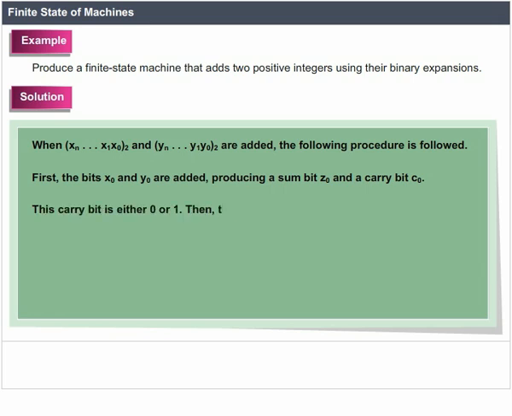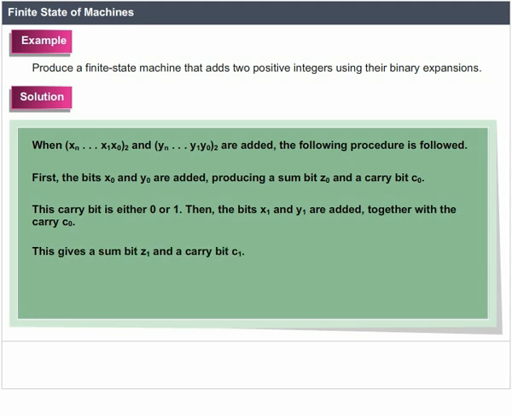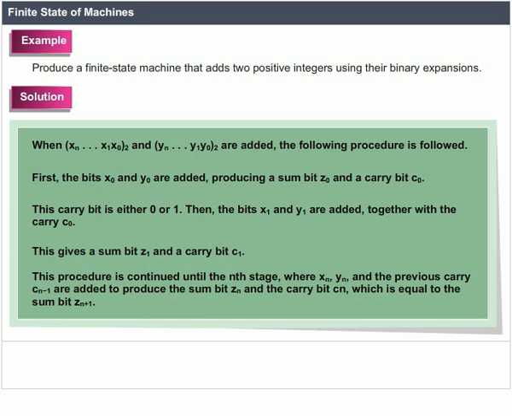Then the bits x1 and y1 are added, together with carry c0. This gives a sum bit z1 and a carry bit c1. This procedure is continued until the nth stage, when xn, yn and the previous carry cn-1 are added to produce the sum bit zn and the carry bit cn, which is equal to the sum bit zn plus 1.